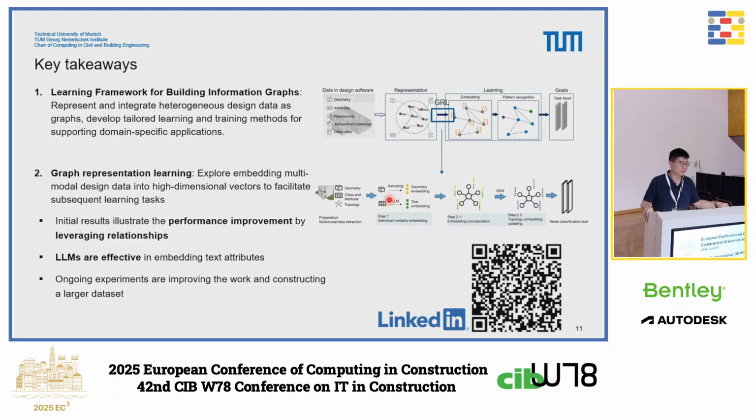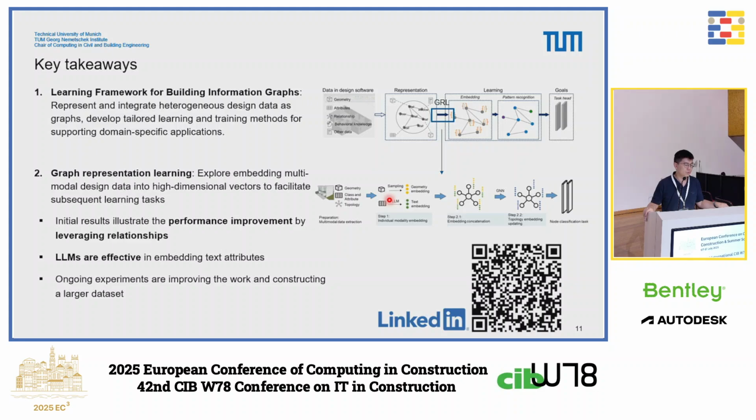So in short, some key takeaways. Here we propose the learning framework for building information graphs, and we have another paper which introduces the concepts of BIGs, which will come very soon. In this conference paper, we introduce graph representation learning. Here we explore how to embed multimodal design data into high-dimensional vectors that can facilitate graph learning.